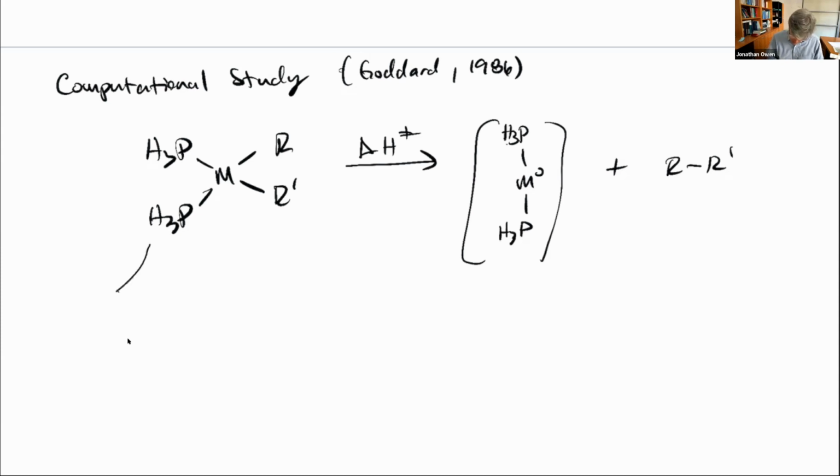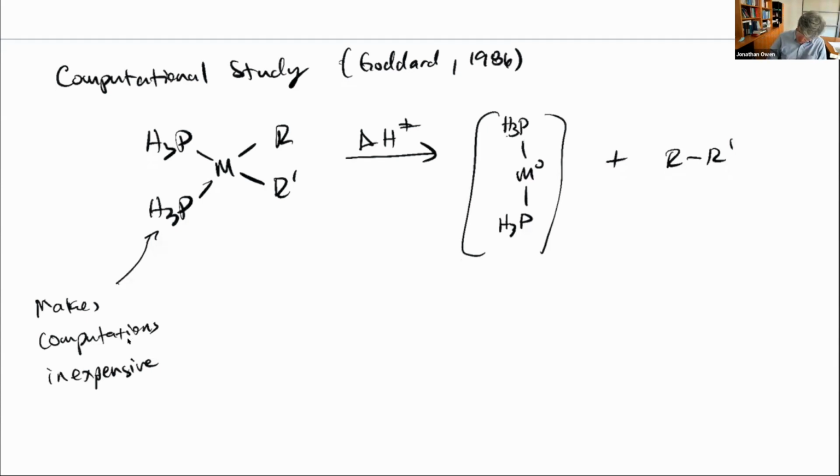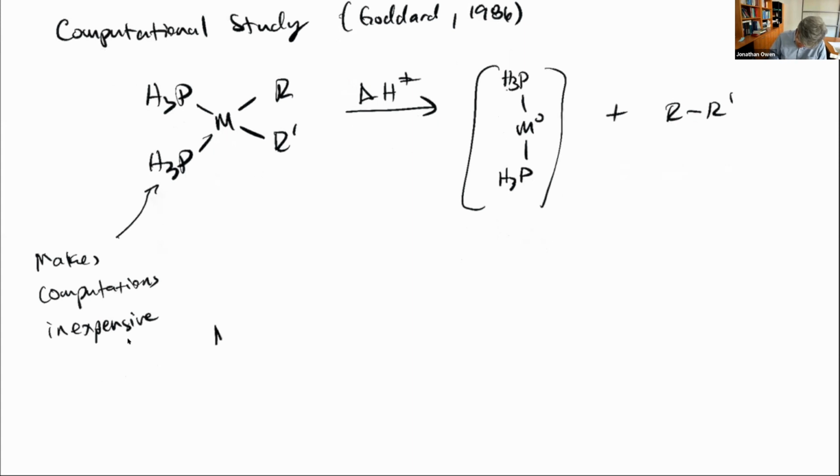So they chose this to make the computations inexpensive. PH3 is very different than triphenylphosphine, but they chose that ligand just to reduce the number of connections that they had to compute, which makes the computations easier. And they did this for the platinum case and also the palladium case.